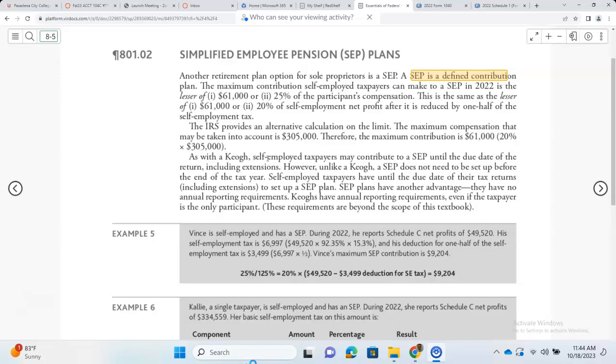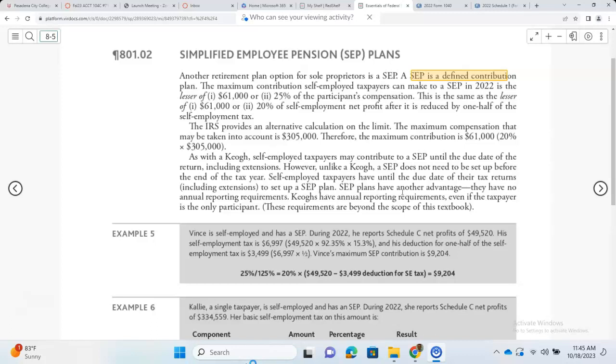As with the Q plan, self-employed taxpayers may contribute to a SEP until the due date of the return, which is April 15, including extensions. However, unlike a Q plan, a SEP does not need to be set up before the end of the tax year. Self-employed taxpayers have until the due date of their tax return, including extension, to set up a SEP plan.